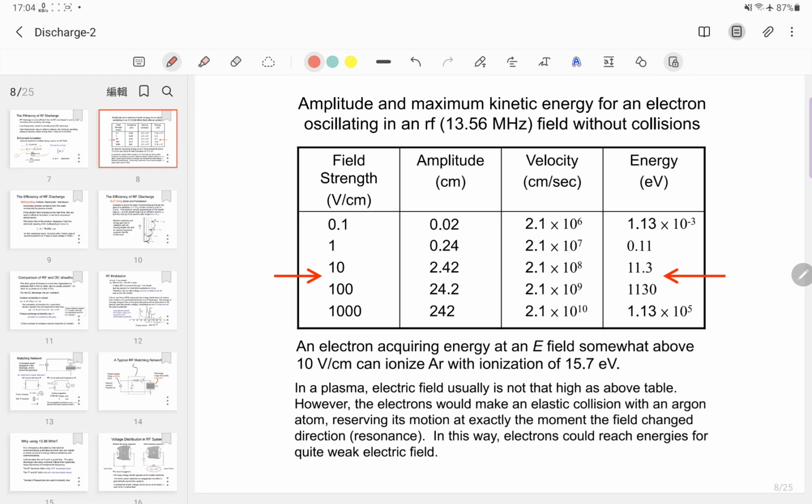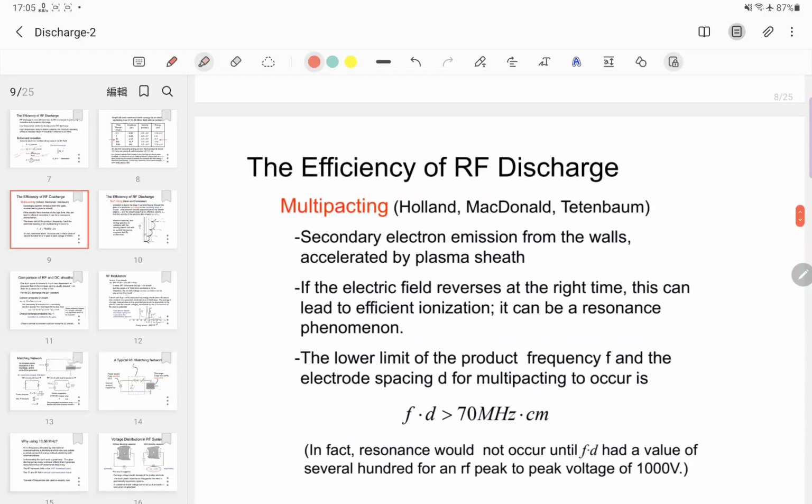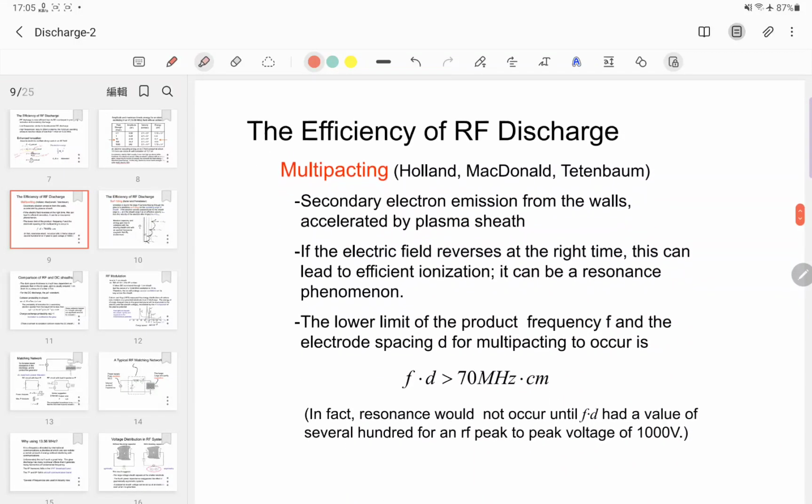The electron might reach a resonance condition, so that the energy acquired from the electric field can be very, very high. So even with a very weak electric field, one can generate RF plasma easily if the electron reaches the resonance condition.